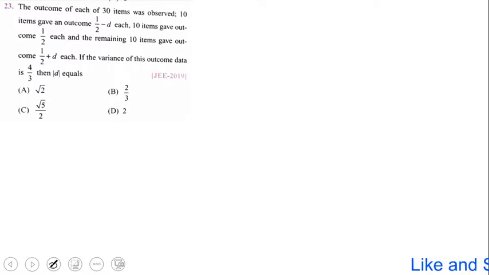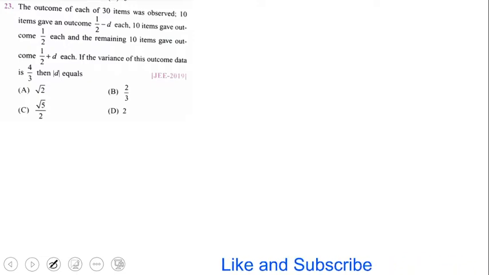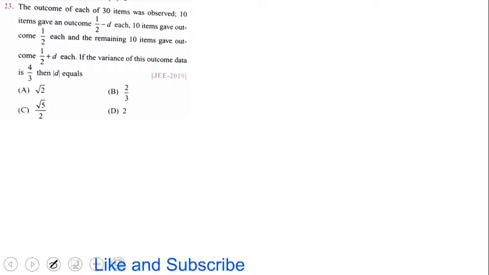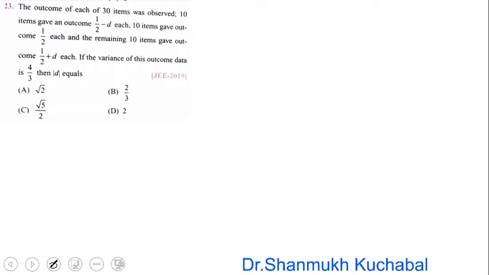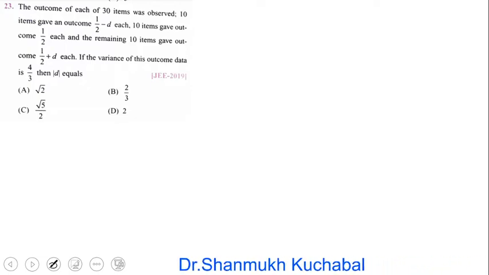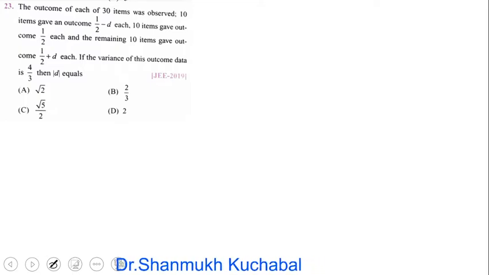Question number 23. The outcome of each of 30 items was observed here. The number of observations is 30, that means n = 30. 10 items gave an outcome 1/2 - d each, another 10 items gave outcome 1/2 each, and the remaining 10 items gave outcome 1/2 + d each.